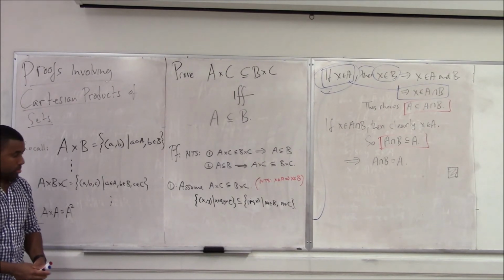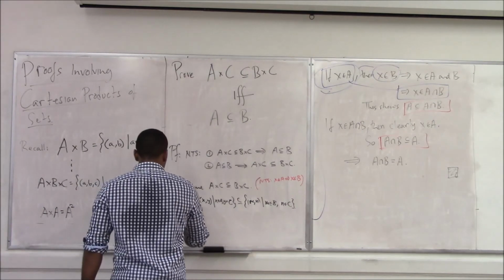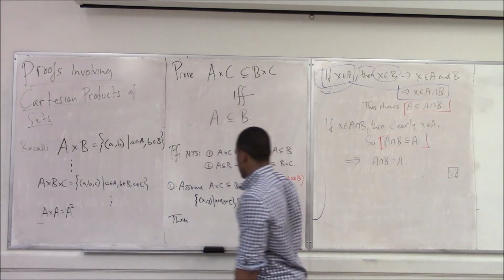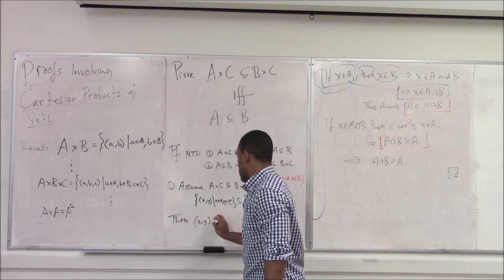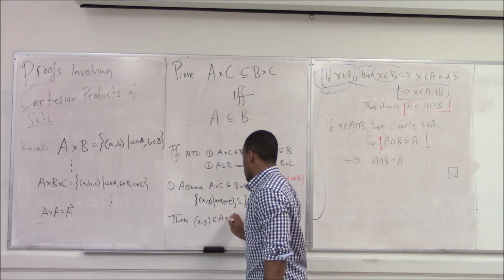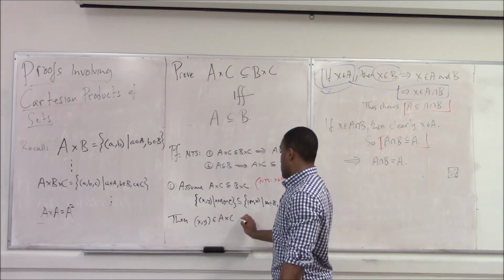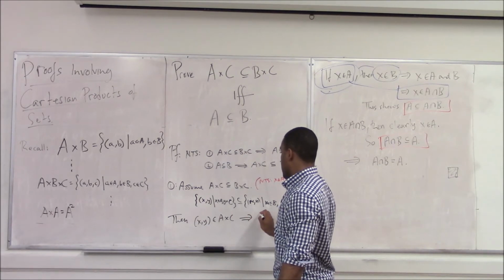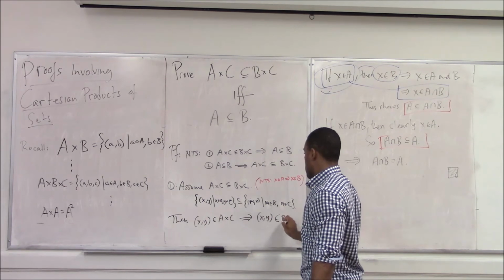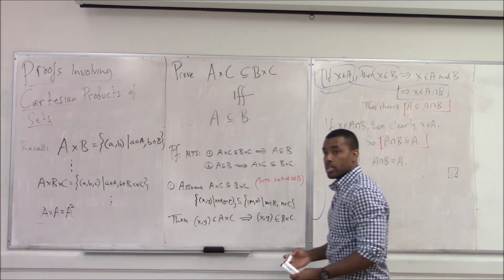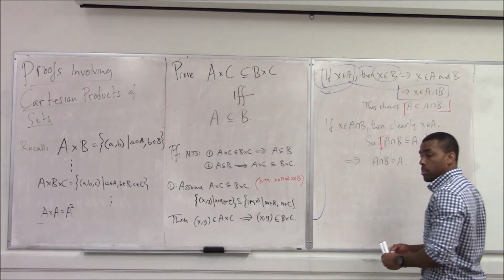Yeah, what does that mean? Then, this means that if there's a coordinate in the first one, then that coordinate must be in the second one. Right? That's the definition of what it means to be a subset.